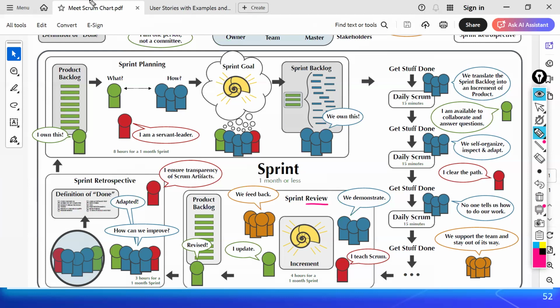But the best part here is it's not like your waterfall. We had this sprint duration of 2 weeks, let's say hypothetically. Right after the 2 weeks, I am calling in the client. That's the best part, to take feedback on what I did in these 2 weeks.